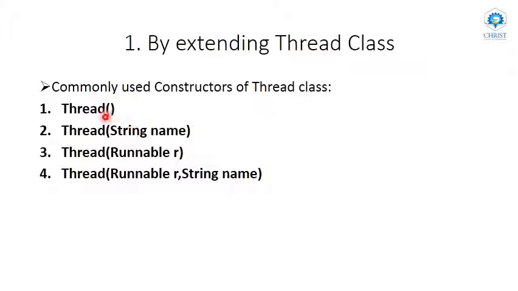These four constructors are commonly used, and this constructor does not have any parameter. Here this constructor has one parameter, that is string name. Usually when we have to create threads by mentioning its name, suppose we want to create a thread by giving a name of our own, we can call this constructor. And we will see what's the purpose of these constructors by an example.